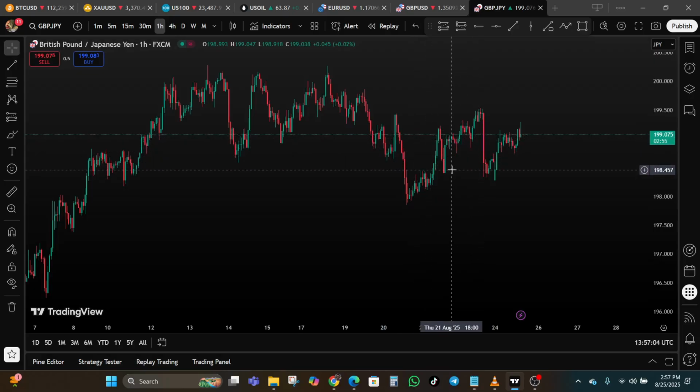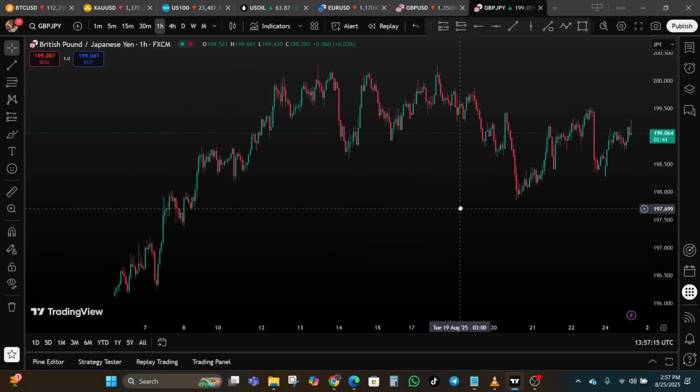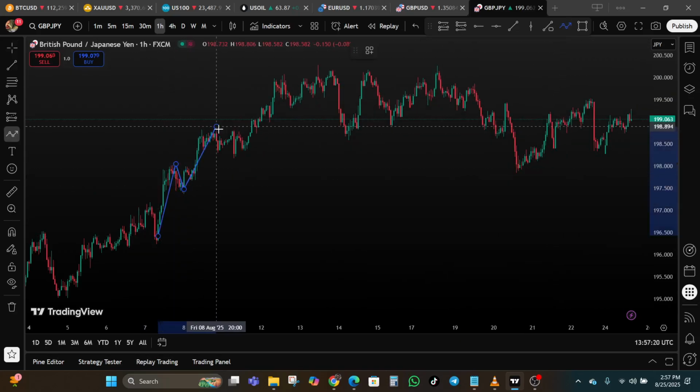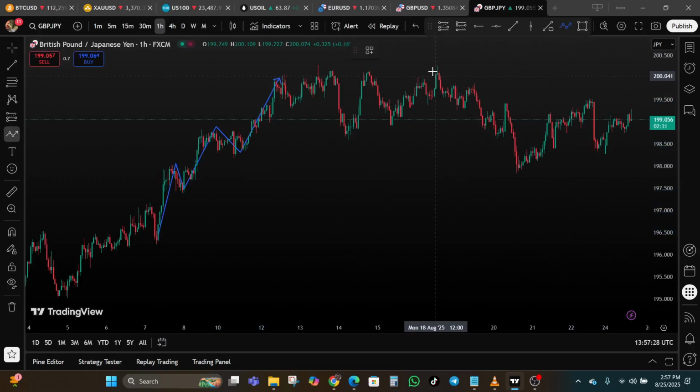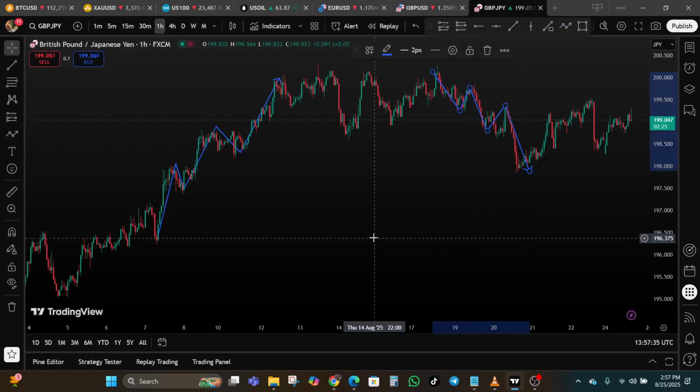First of all, we start with market structure. On the H1 chart, structure is quite easy to recognize. You'll often see clear higher highs and higher lows for an uptrend, and obviously you'll see lower highs and lower lows for a downtrend.